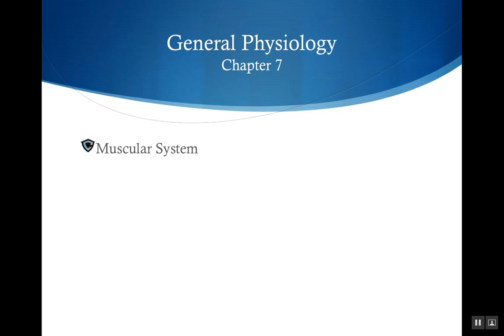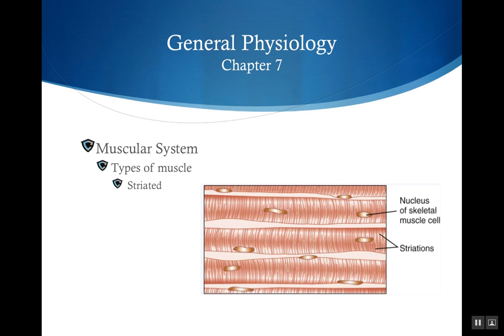Next, we'll discuss the muscular system. The muscular system is made up of over 600 muscles that work together to allow us to stand, walk, run, jump, and smile. Muscles are composed of muscle tissue, connective tissue, nerve tissue, and vascular tissue. As we discussed in Chapter 6, there are 3 different types of muscle tissue.